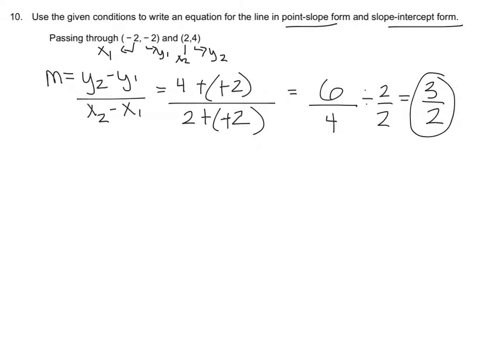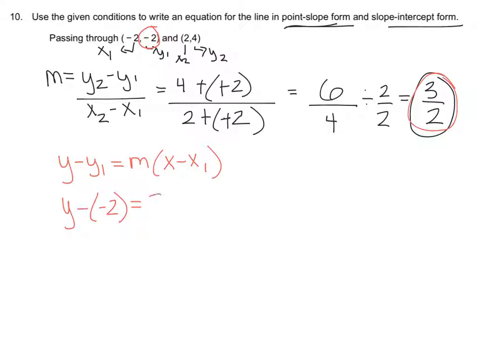Now I want to write the equation of the line in point-slope form. So point-slope form is y minus y1 equals m times x minus x1. So this is y minus y1. Now y1 is the negative 2. And slope is 3/2.